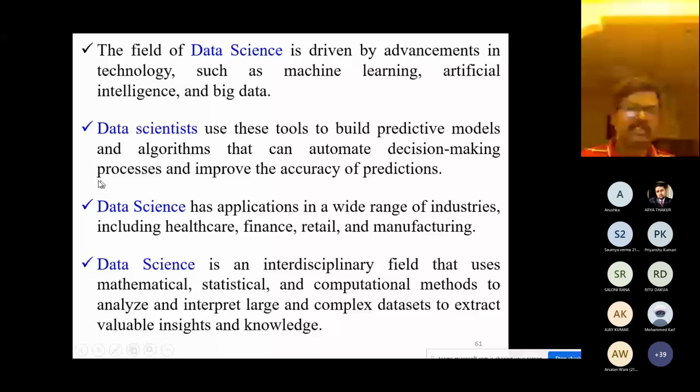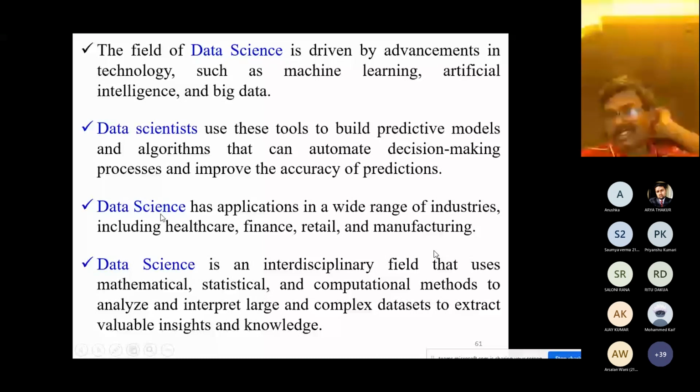So, data scientists use these tools to build predictive models and algorithms that can automate the decision making process to improve the accuracy of predictions. There are various applications of data science like healthcare, finance, retail, and manufacturing.